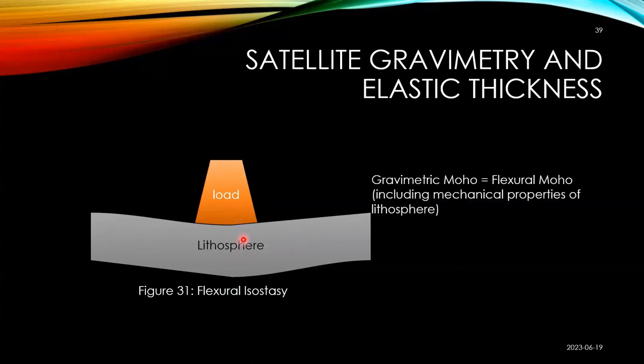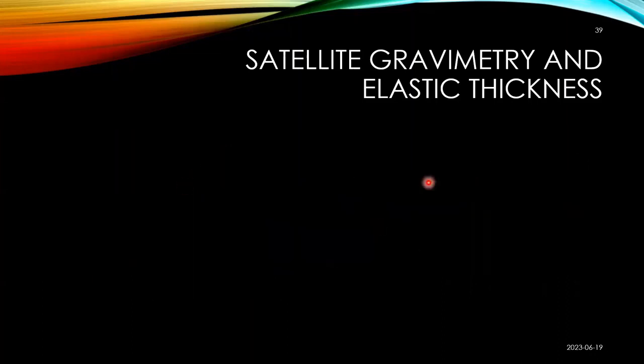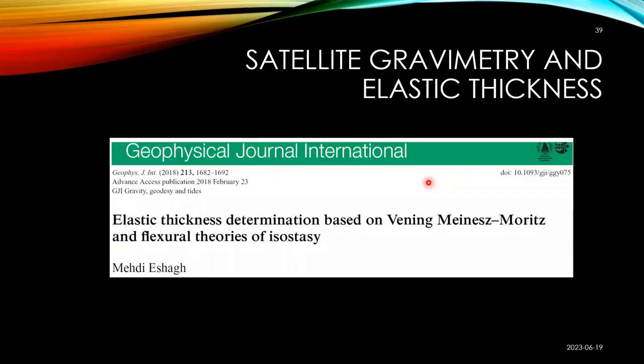I used this idea for the flexure theory, which is related to the bending of the lithosphere under loads. With gravimetric measurements, I assume that they are equal, and based on that, I came up with an idea and developed a theory for it, and it worked for South America.